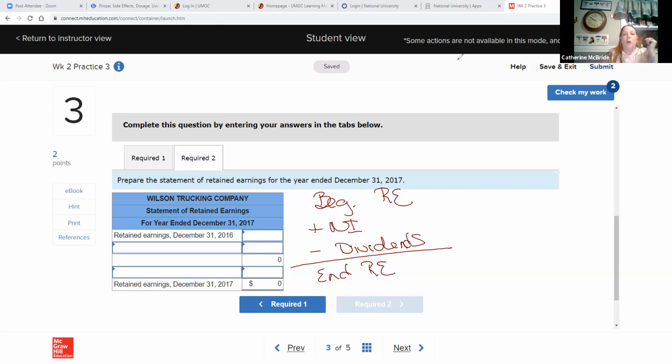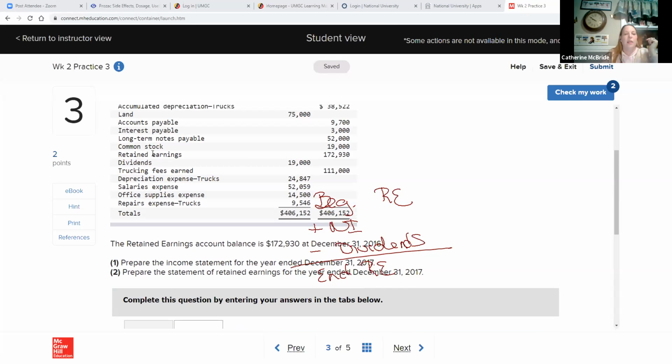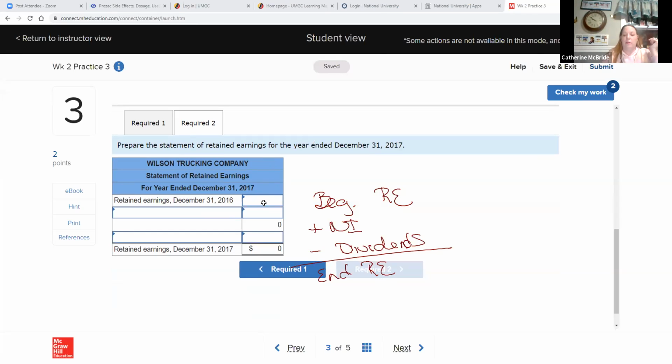So I'm going to start by looking at what's my beginning retained earnings. And that's going to be up here under retained earnings where it says 172,930. That's my beginning retained earnings. That's what I started with.